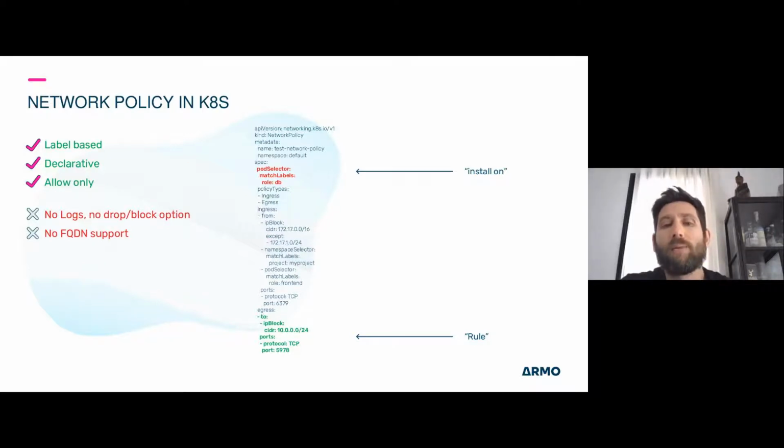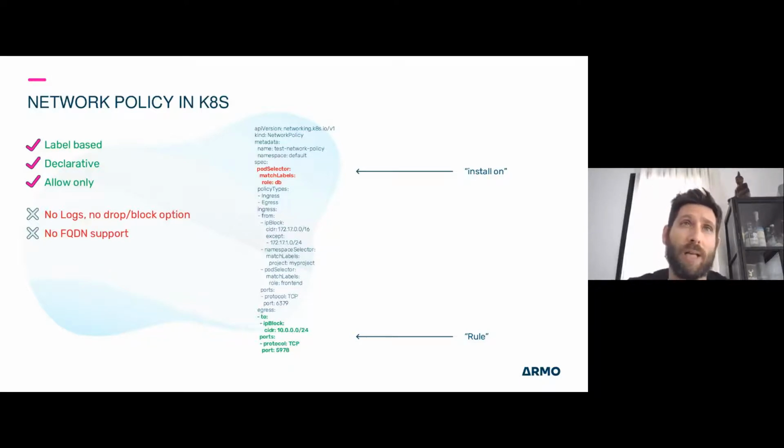The problem with this construct is that it doesn't have any logs, so you can't really know if something is bad or good, because you don't have any ability to understand which rule is being enforced, which policy is being used, why a packet is being dropped or accepted, etc. You don't have drop and block options, which for some customers is very important.